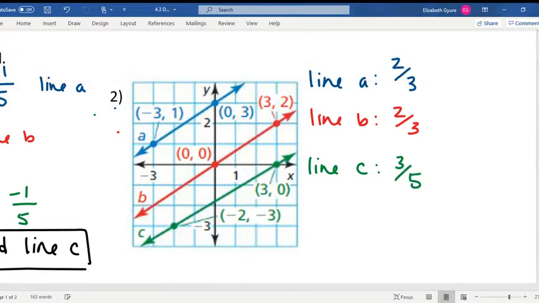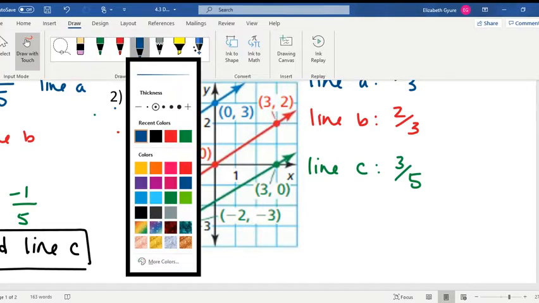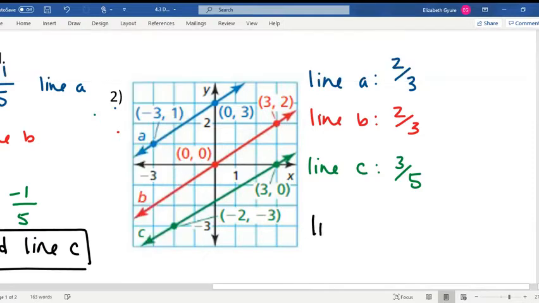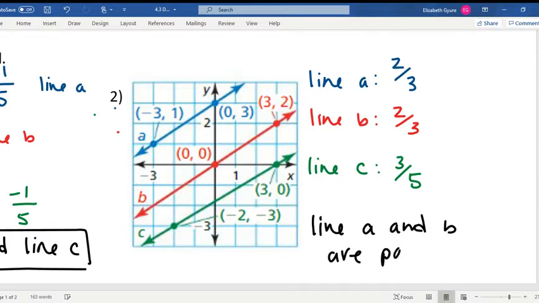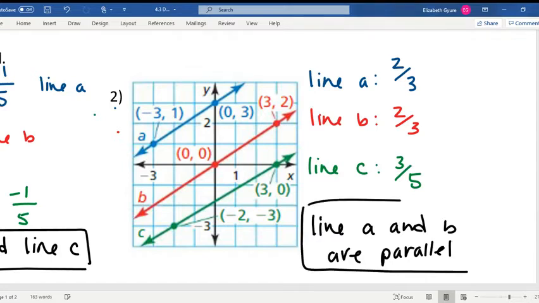Do we agree? All right. Are any of these lines parallel? A and B, they are both 2/3. So we are going to say that line A and B are parallel. Or if you just said like line A and B, that's totally fine too. So that's the only question it asks, right? Good. Are we okay with that?